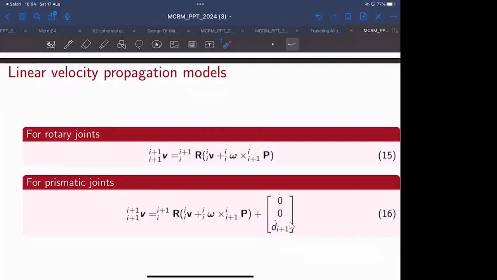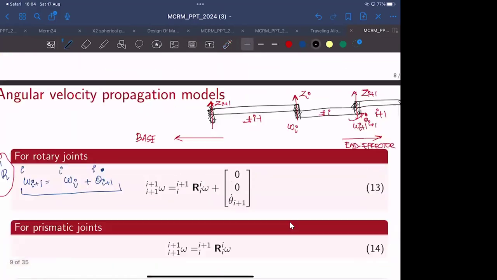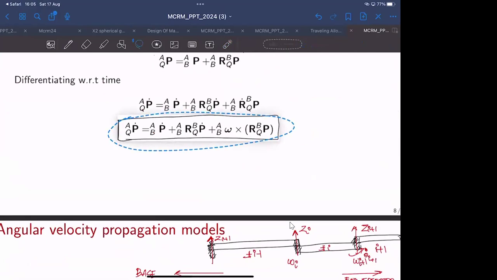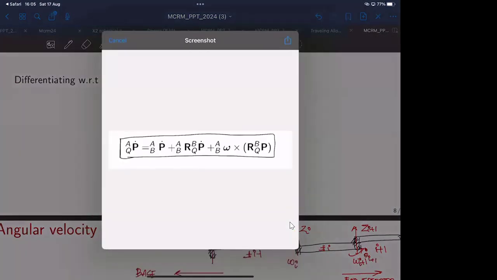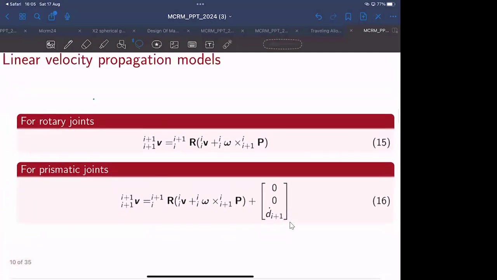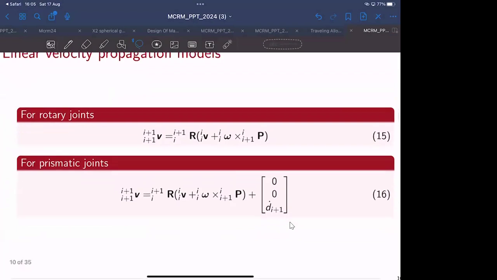So earlier, if you can recall this previous expression, how we derived this expression, I'll just take a screenshot so that we can easily correlate this. It's better if I write it over there actually.